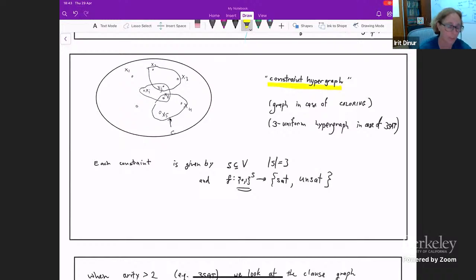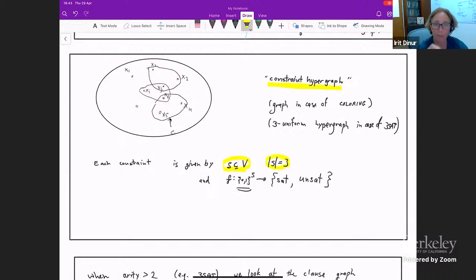The constraint hypergraph has vertices for the variables. And for every constraint, if you want to constrain some collection of variables, then you would put a hyperedge on this set. So a constraint is given by a set of vertices. Here, in 3-SAT for example, this set has size 3, but it can have different sizes.